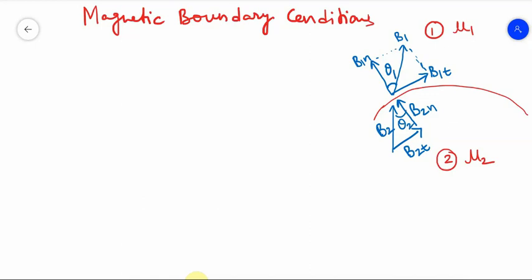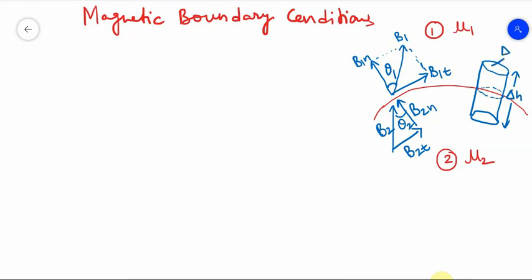Now we will consider a Gaussian surface similar to what we considered in the electrostatic field also. We will consider a surface, half of its portion lying in the upper medium and the other half lying in the lower medium. And this one is your H across the interface.